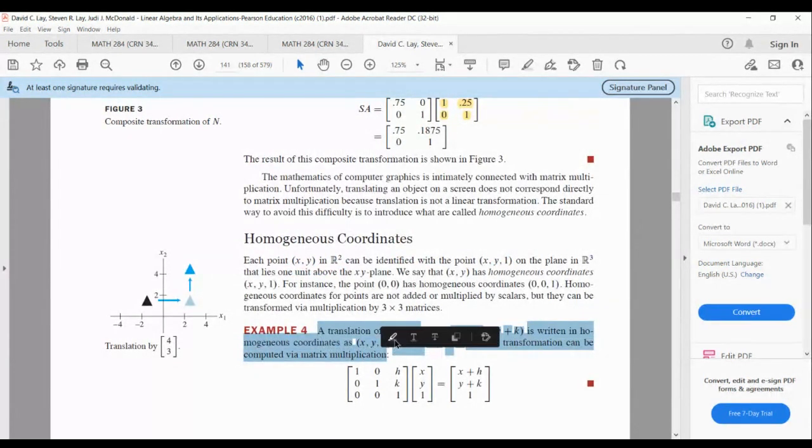This is example 4. They're talking about how do you do a translation? Let me see if I can help you see it. Let me go to the board here.